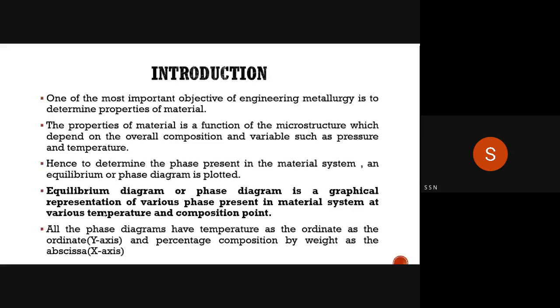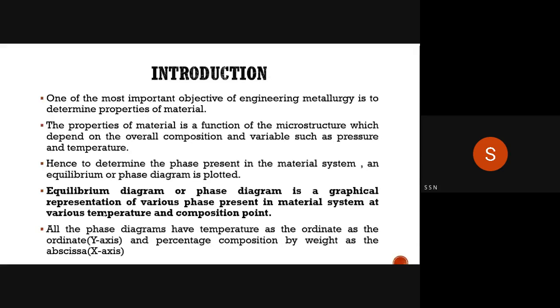To determine the various properties of the material, it is very necessary to find out the phases, because those phases will differ the microstructure, and as the microstructure of the system or alloy changes, then the properties of the material ultimately change. So hence, to determine the phases present in the material system, an equilibrium diagram or phase diagram needs to be plotted.